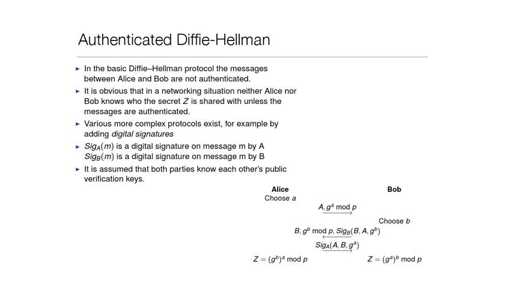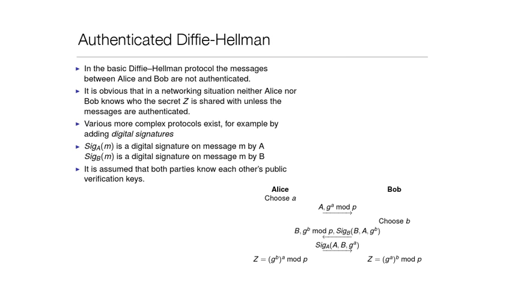So various more complex protocols exist. For example, adding digital signatures is one alternative. In the picture at the bottom of the slide, you can see how digital signatures are used to authenticate the messages.